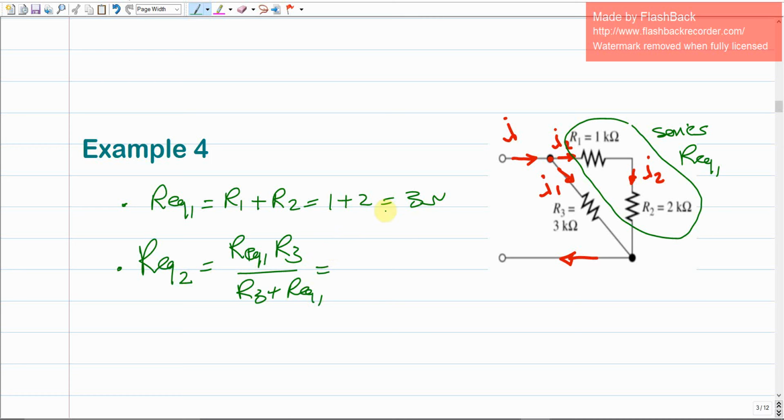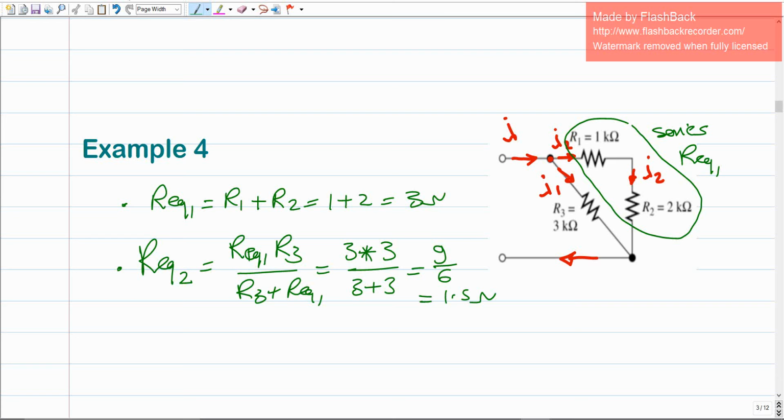So R equivalent 1, which we just got as 3, plus R3, which is 3: multiplication divided by 3 plus 3. So this should be 9 over 6, which is going to give us 1.5. Make sense? So this is going to give us 1.5 ohms.